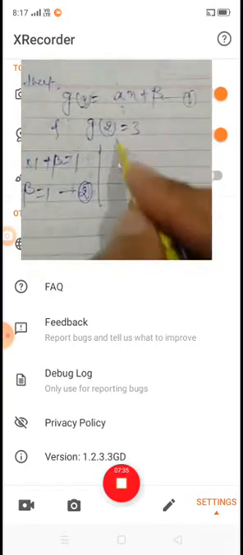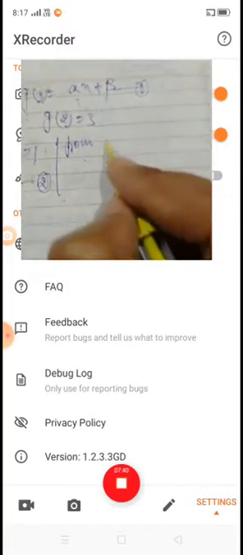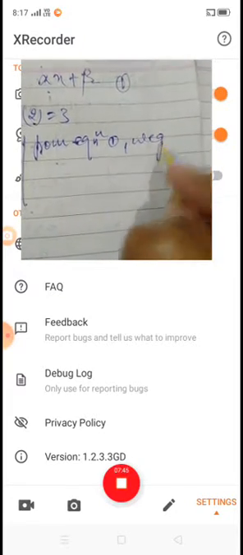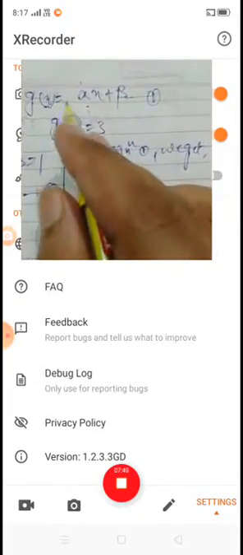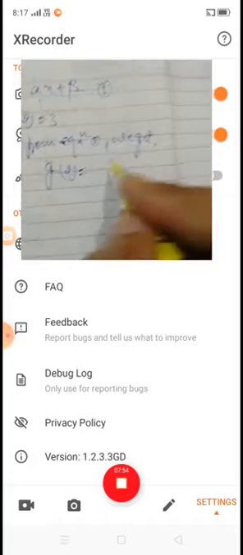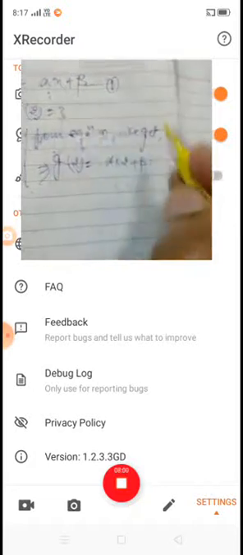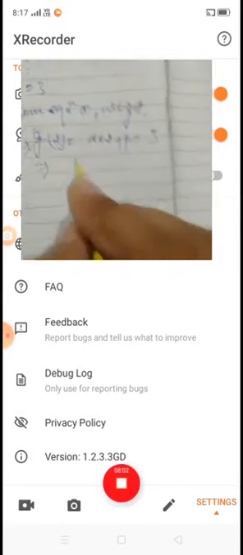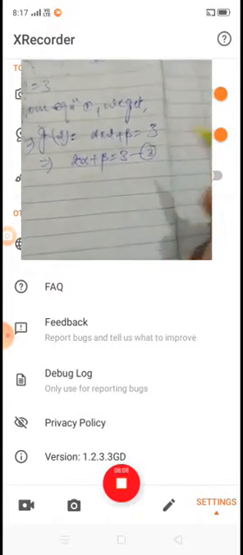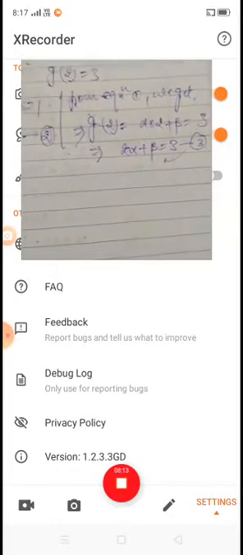Similarly, from equation 1 we put x is equal to 2, that is g(2) is equal to alpha into 2 plus beta is equal to 3. So we have 2 alpha plus beta is equal to 3. Take this as equation number 3.